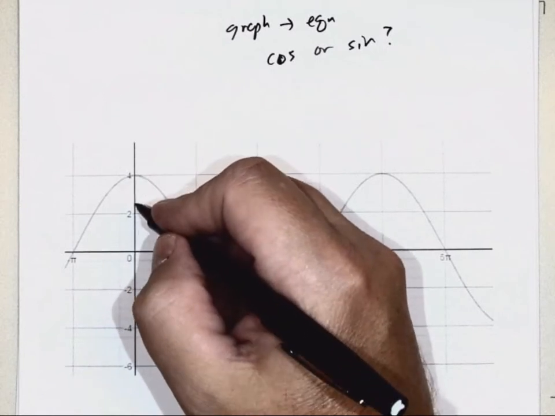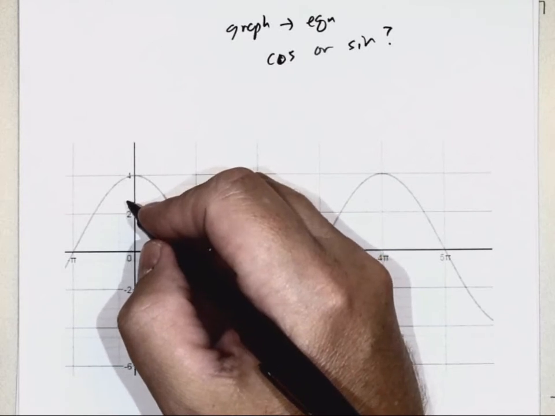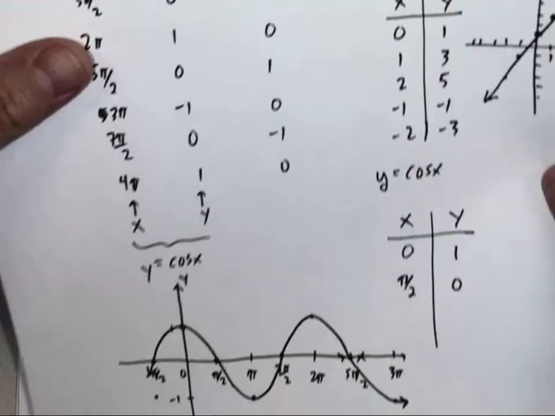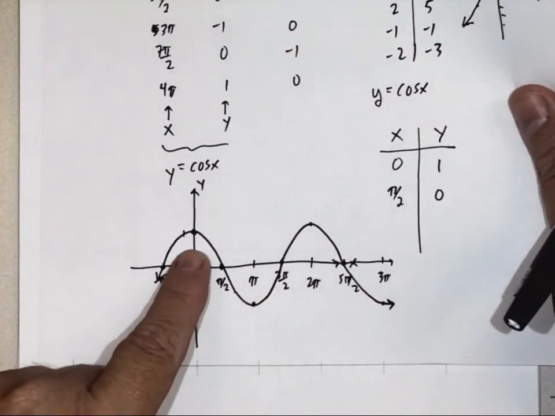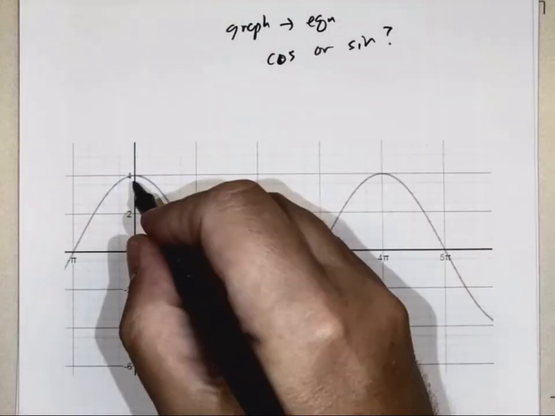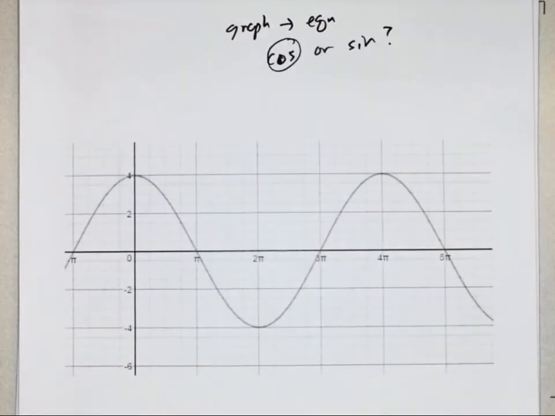Well, what is that, cosine or sine? This is where you have to remember. You go way back to our first graphs. Remember, here was the cosine graph. How does the cosine start out? Starts out high. This must be a cosine graph.